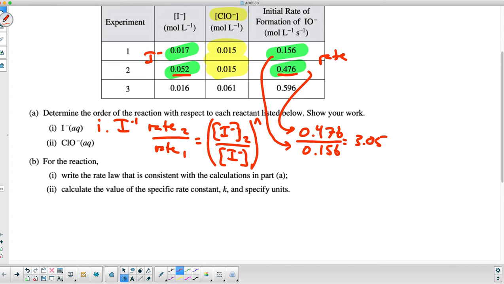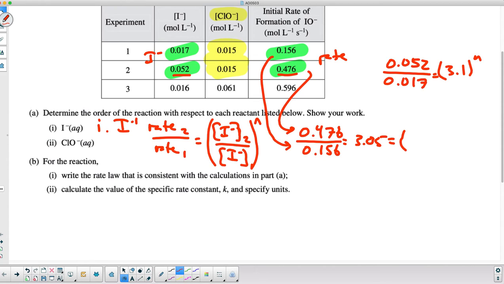And that's going to equal the concentration ratio: 0.052 divided by 0.017, which equals about 3.1, to the n power.